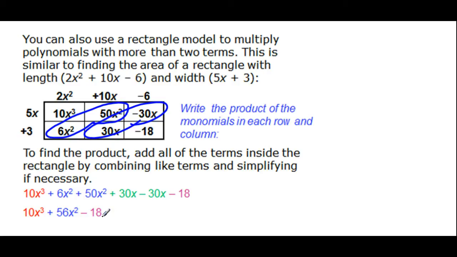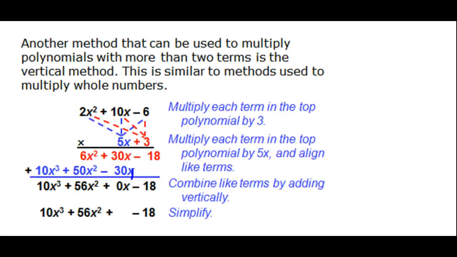You're going to get the same answer whether you do the distributive property or you set it up like this. You can also set it up vertically. So you can put one polynomial on the top, the other one underneath it, and then do like you normally do multiplication. Take this term right here, multiply it times the negative 6, times the 10x, times the 2x squared, and there's those answers. Then go and take the 5x.